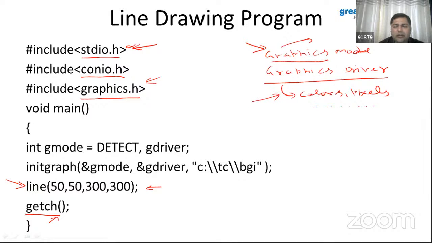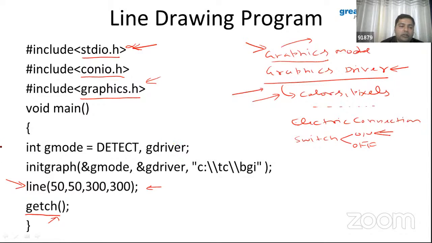So you can consider it something like this. This is the major electricity. For example, if you want to use electricity at your home, you need two things, right? The electric connection, and not only the electric connection, rather the switches also, which can switch the electricity on or off. All right. So the graphics driver is something which is doing everything in your program, and to switch on those graphics drivers you have to open your program in graphics mode. So these first two lines are actually dedicated to this work.